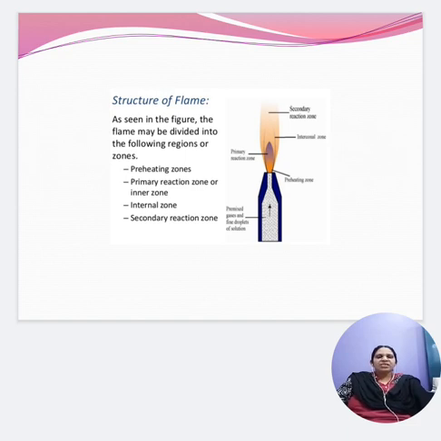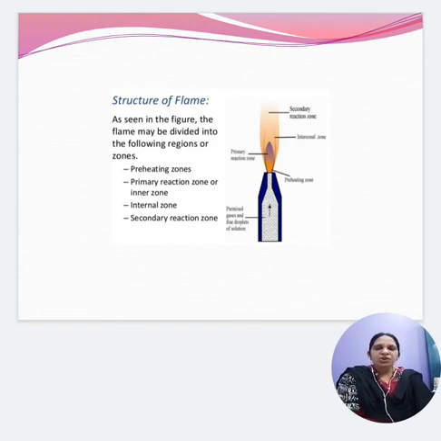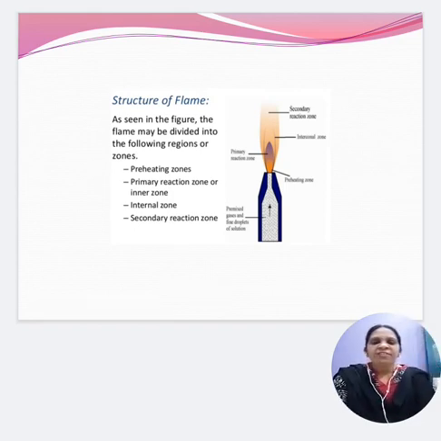So the first one is the preheating zone. The second is the primary reaction zone or inner zone. The third is the interconal zone, and the fourth is the secondary reaction zone.